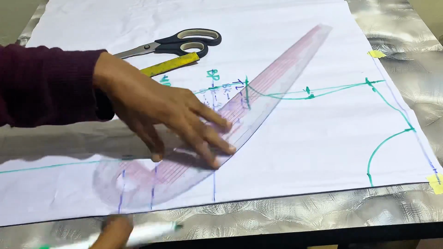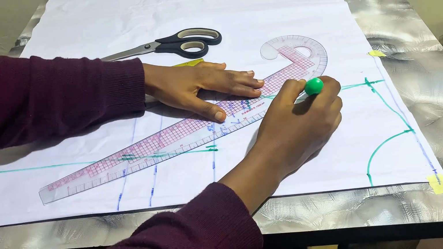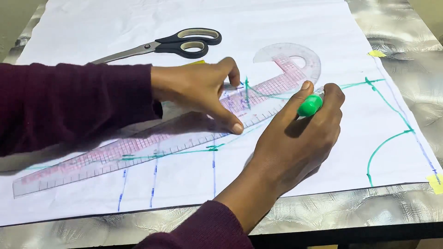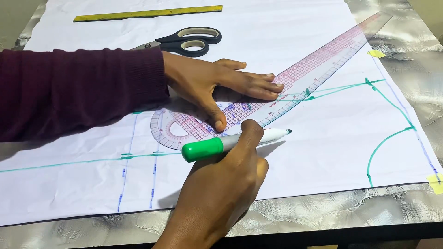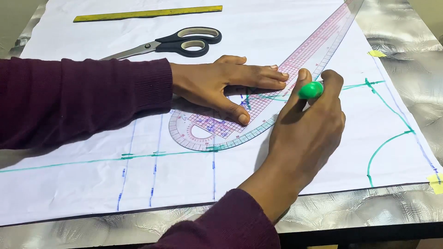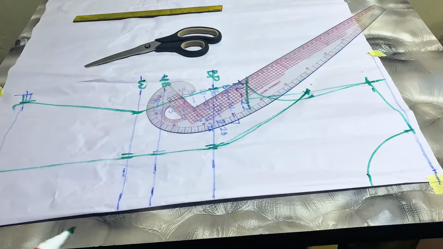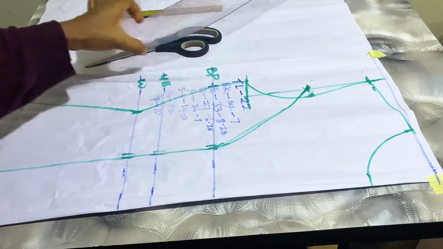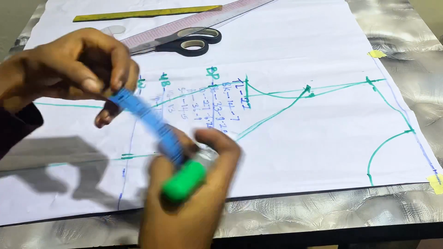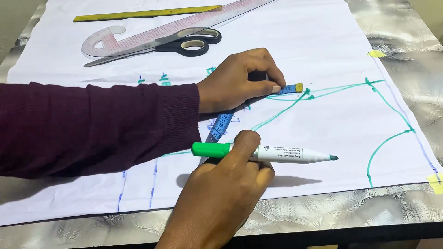So let's do that, please. I'm going to use the cuff ruler to join it. After joining and getting our armhole point, let's insert our dart. We are going to remove ½ inch from this armhole.